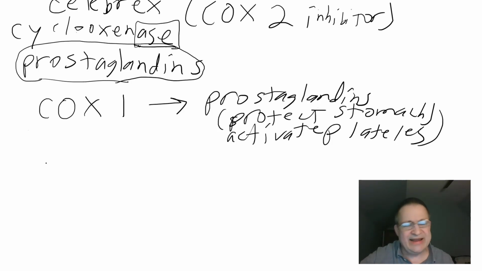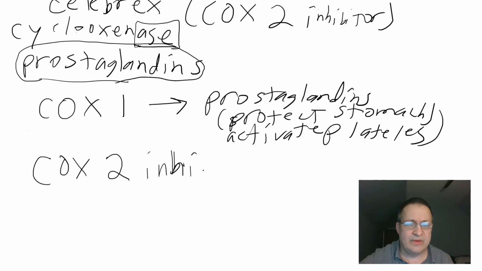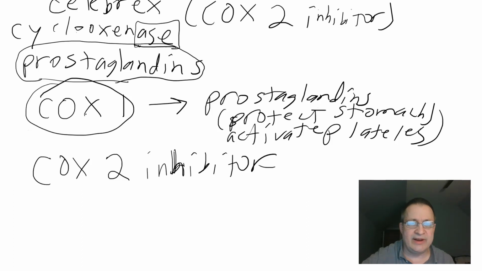There were some other ones. Vioxx was one that used to be on the market. They took it off the market because it was dangerous, actually. It caused a lot of problems. But if we use a COX-2 inhibitor and leave COX-1 alone, then that will work for pain, but it doesn't affect the stomach.